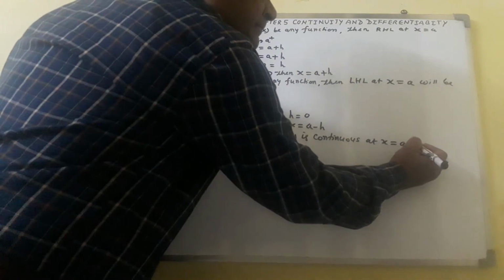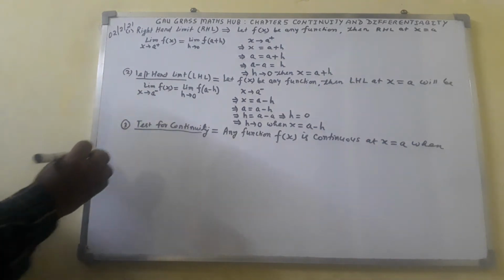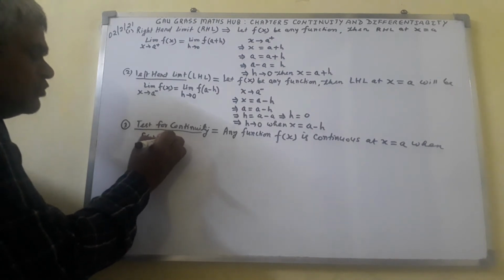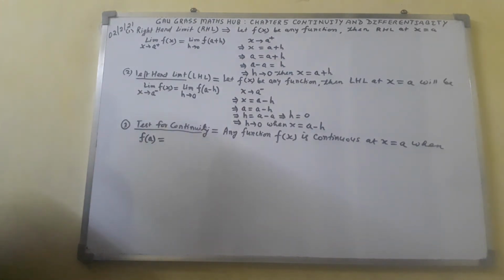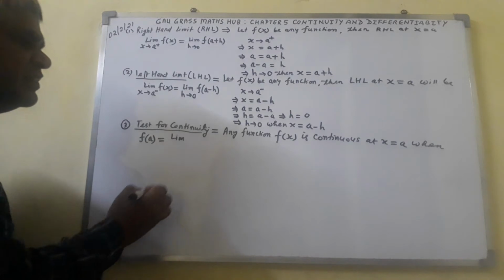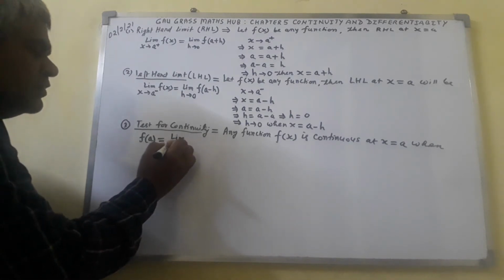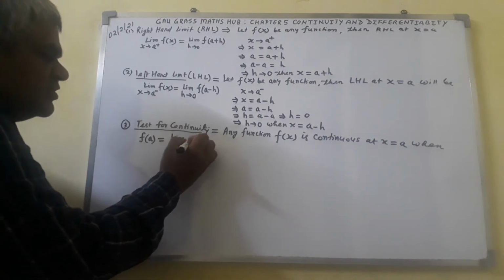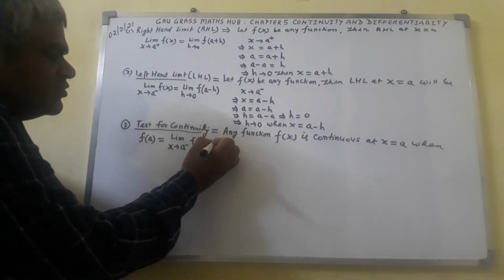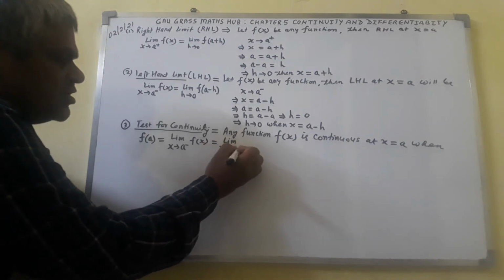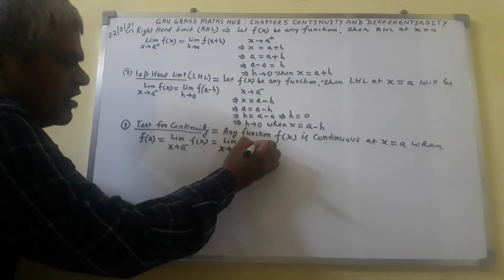When f of a equal to lim x tends a negative f of x equal to lim x tends a positive f of x.